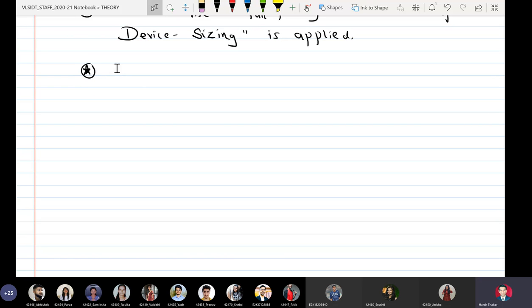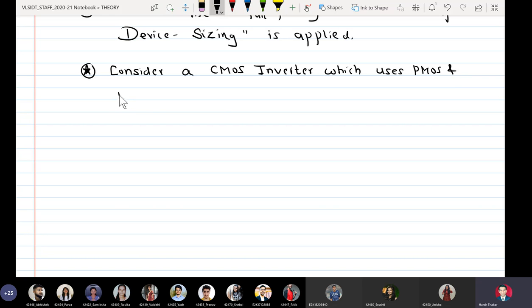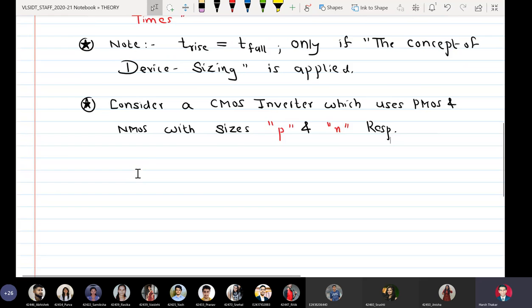So here, consider a CMOS inverter which uses PMOS and NMOS with sizes small p and small n respectively.